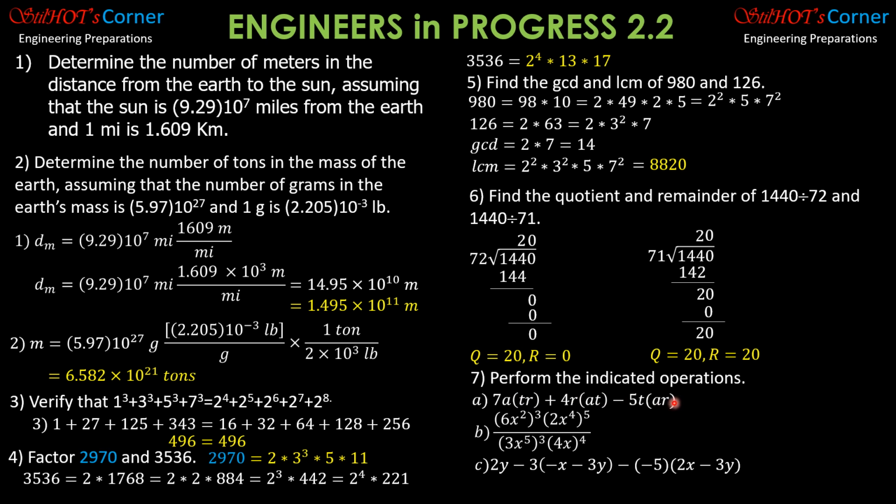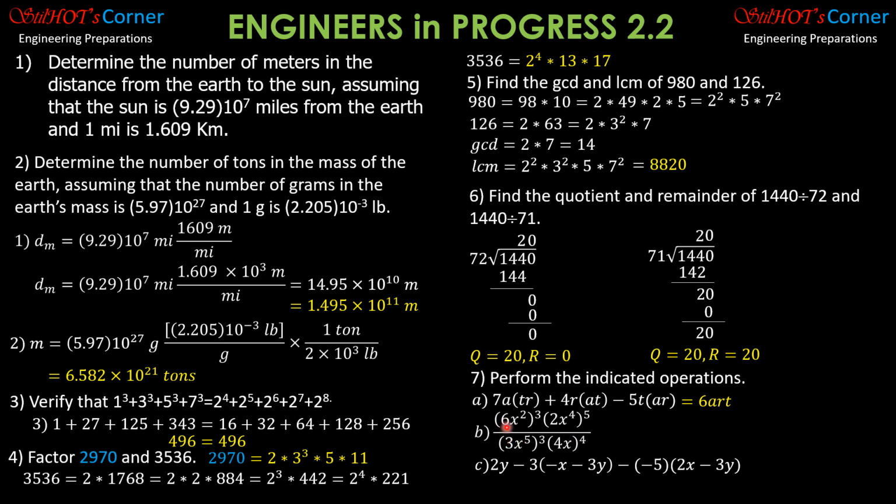Because they are like terms, we simply add the numerical coefficients: 7 plus 4 is 11, minus 5 is 6, so 6 ART. The final answer is 6 ART, or 6 RAT, or TAR, or whatsoever, as long as the literal symbols are there and the numerical coefficient is 6.